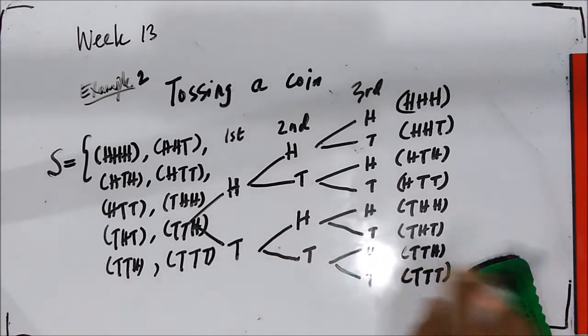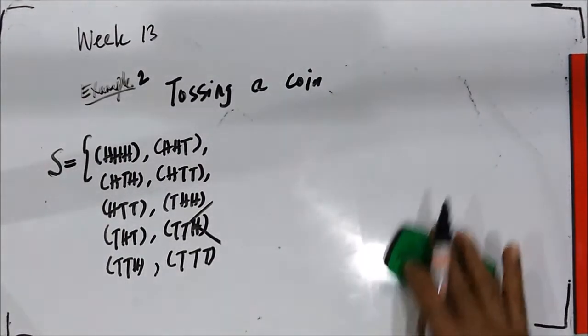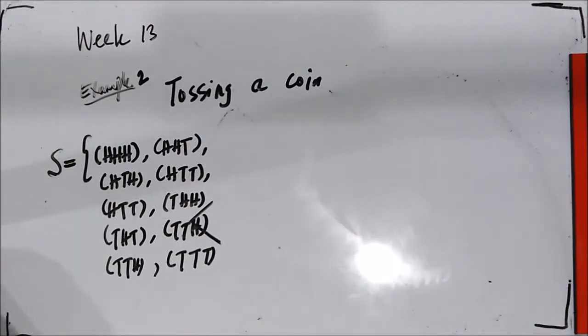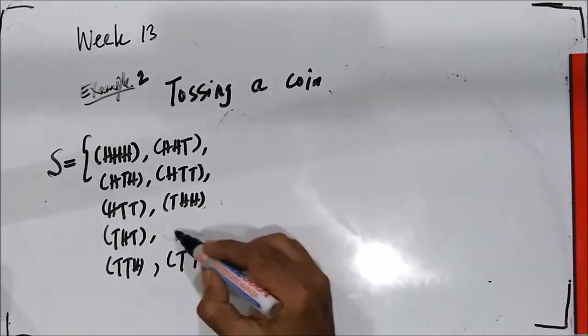These are the possible outcomes of tossing a coin 3 times.